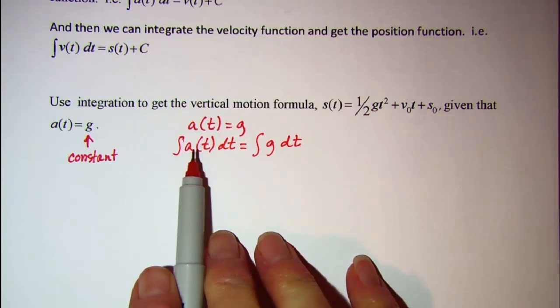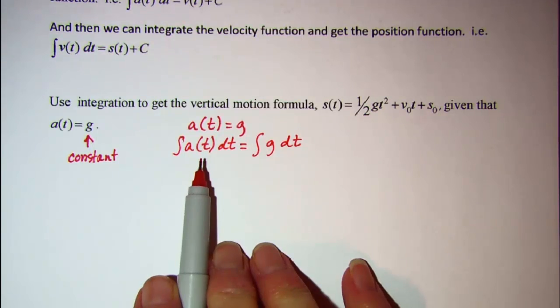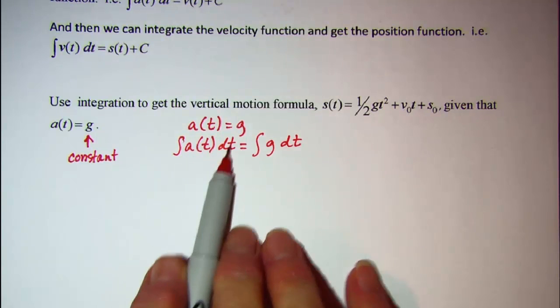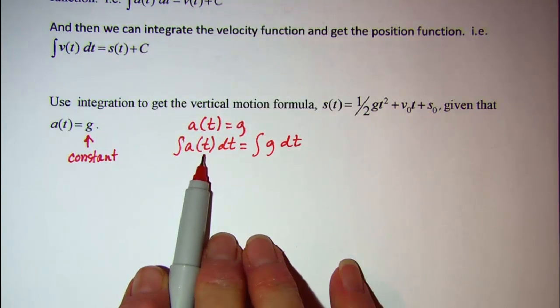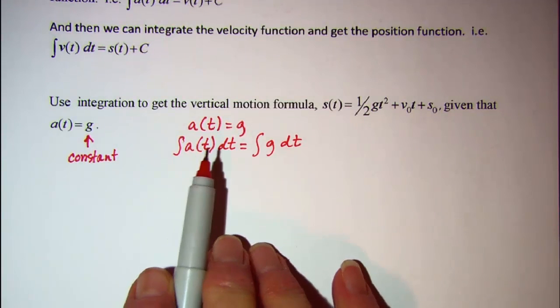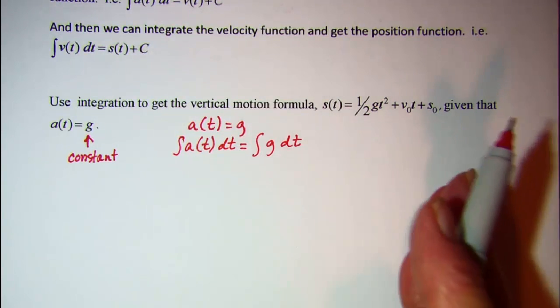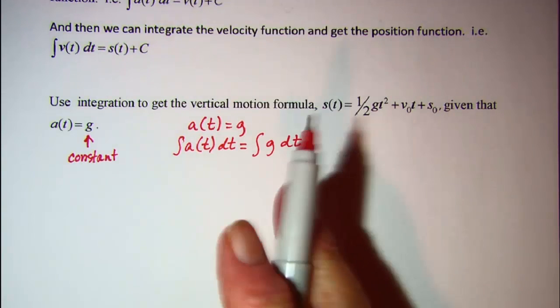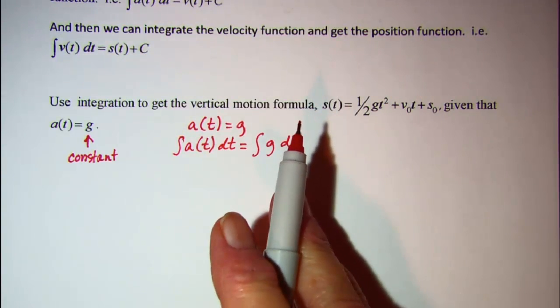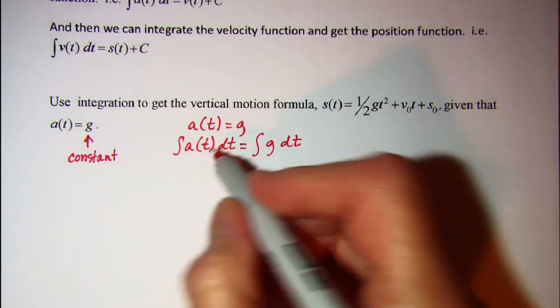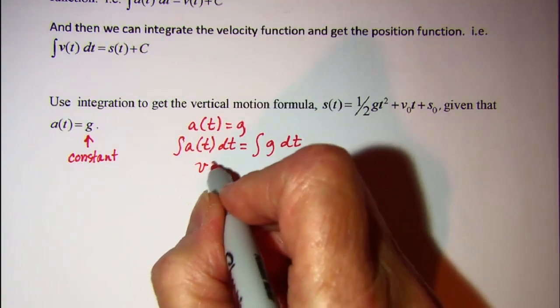So basically all we did was integrate both sides. Right? And let's say this again. The integral of a of t is v of t. So when you integrate acceleration, you go back one step to your velocity function. So this is v of t.